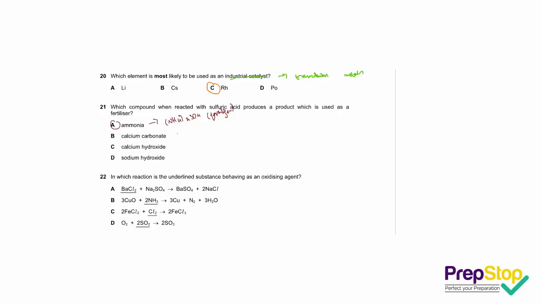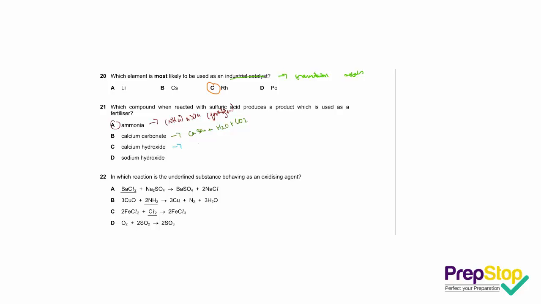If we look at the other options, we see that calcium carbonate reacts with sulfuric acid to give calcium sulfate plus water and carbon dioxide. However, calcium sulfate is not used as a fertilizer.